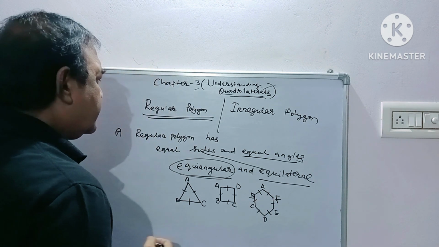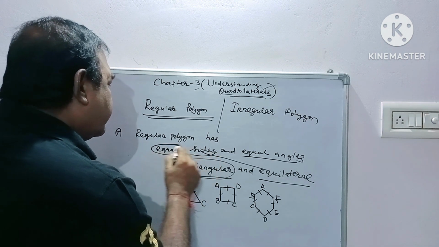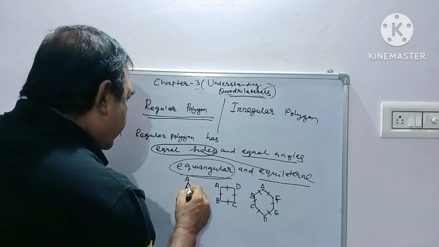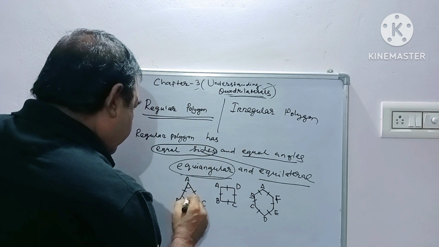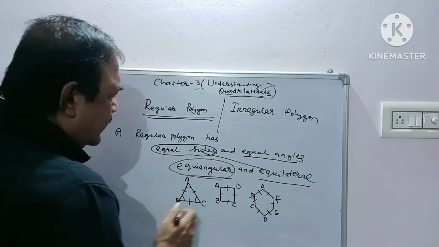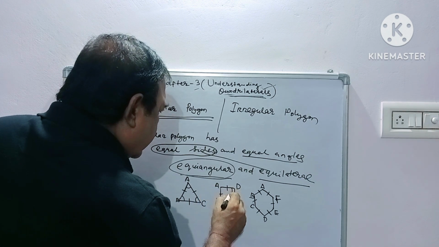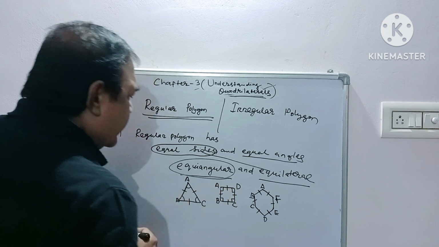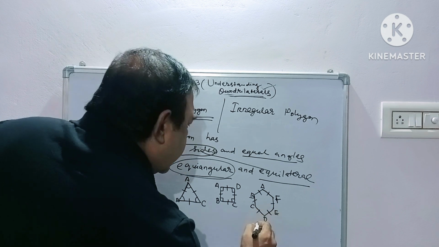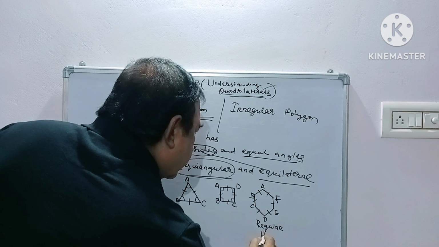So first, a regular polygon has equal sides, and you see the sides are equal, then equal angles. That means in the case of an equilateral triangle, the angles are of equal measure. In the case of a square, each angle is 90 degrees. And this is a regular hexagon.